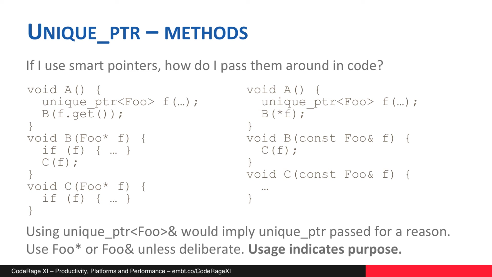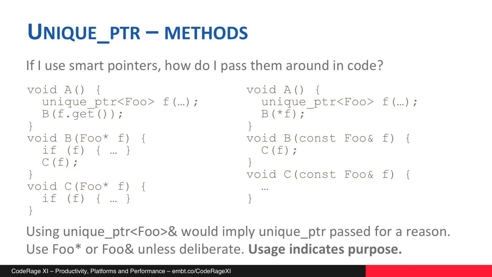And those methods, when they get a pointer, as you would expect, would check if that pointer is valid. This is an example of usage indicating purpose. When you pass a raw pointer around, it is something that you need to verify. There is no guarantee.